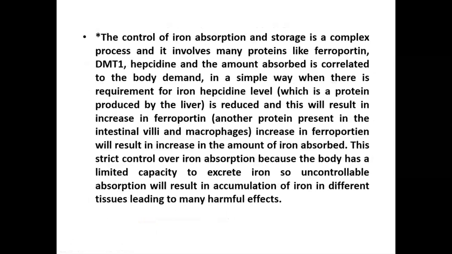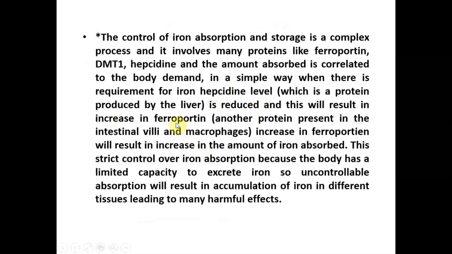If I want to simplify it, when we have a high requirement for iron, hepcidin is reduced. Hepcidin is a protein that is produced by the liver. When there is increased demand, this protein will decrease. When hepcidin decreases, this will result in an increase in another protein, which is ferroportin.